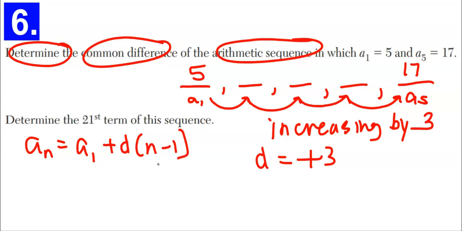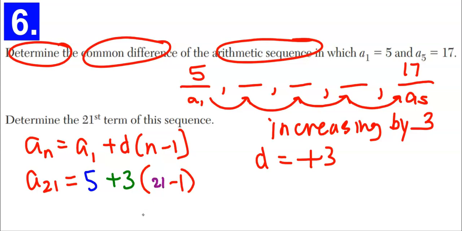I'm going to erase and replace, or write underneath here, that the answer in the 21st position is the first number, then the common difference, which is positive 3, times 21 minus 1.